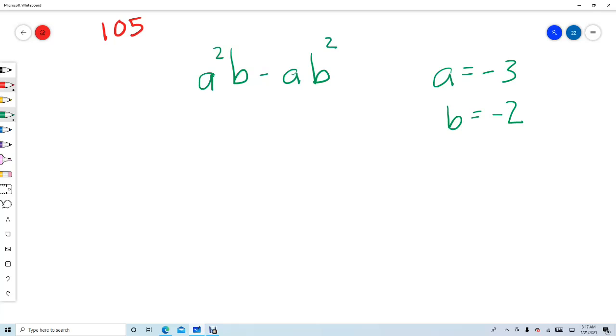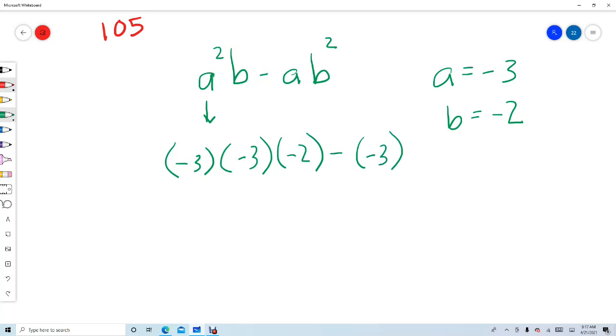So now what you want to do when you are substituting with signed numbers is make sure that they're all inserted with parentheses. So a squared would become negative 3 squared, because you have to insert the entirety of a and raise that to the second power. And then b is negative 2, and then keep them all in parentheses for simplicity's sake.